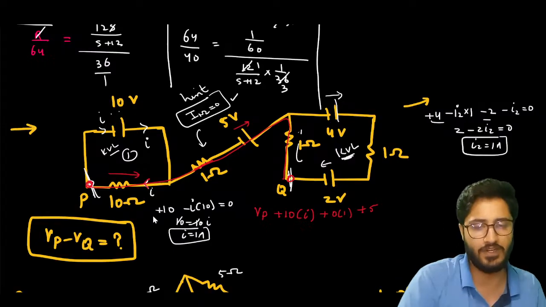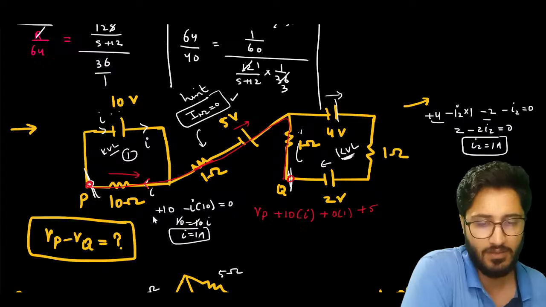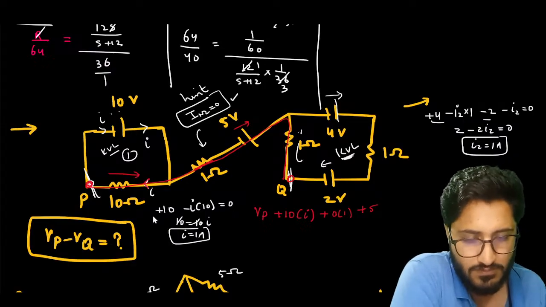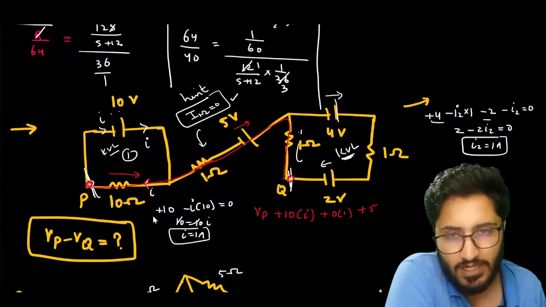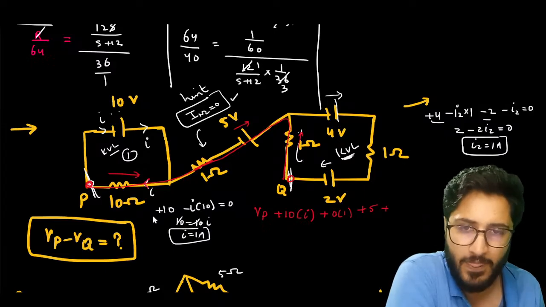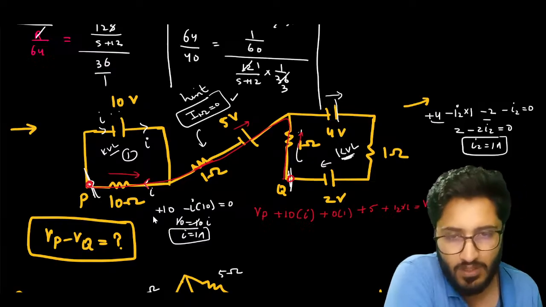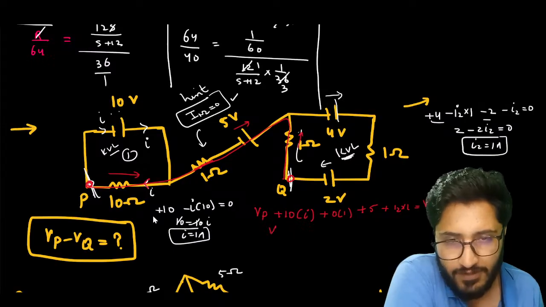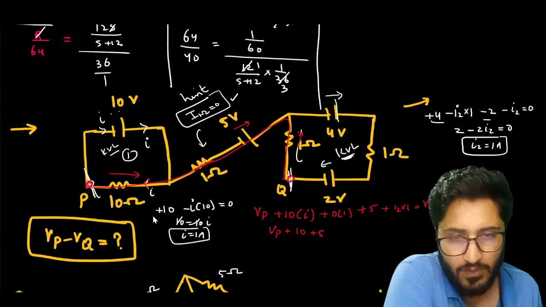If you're going in this way now, plus 5. Then we are going in this way, opposite to it, so it will become plus I2 into 1 equals VQ. Now look, VP plus 10 plus 5 plus 1 equals VQ. So VP minus VQ equals minus 16 now.